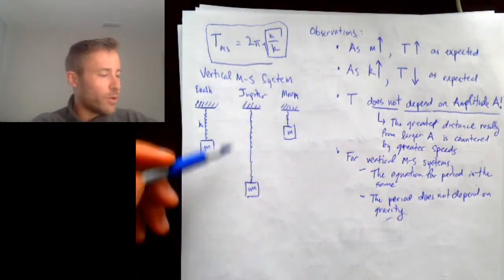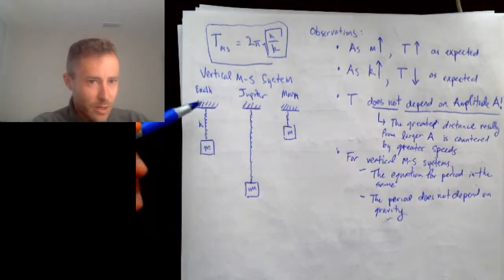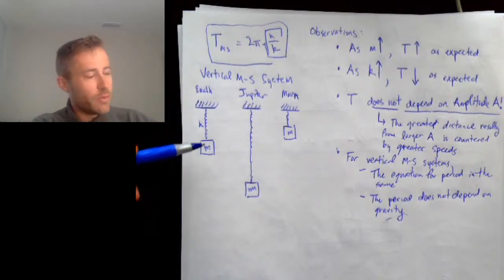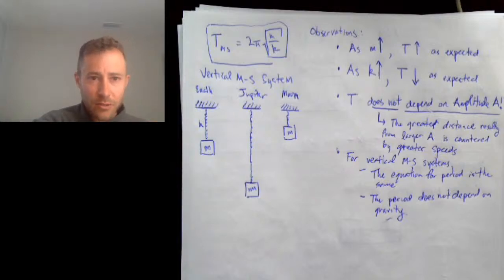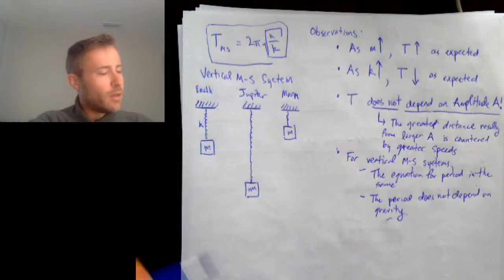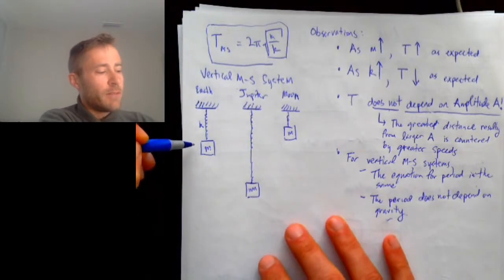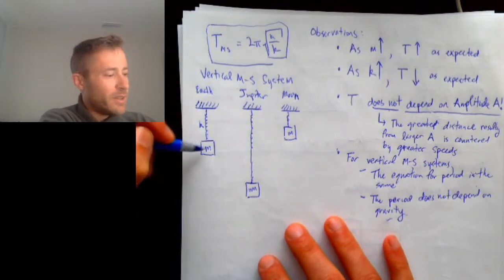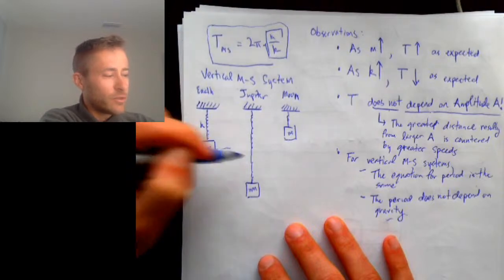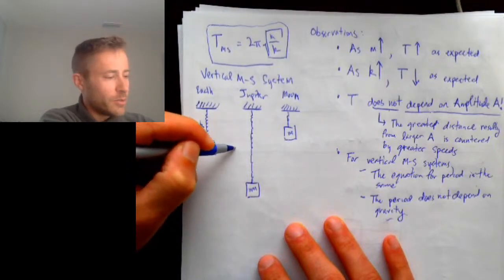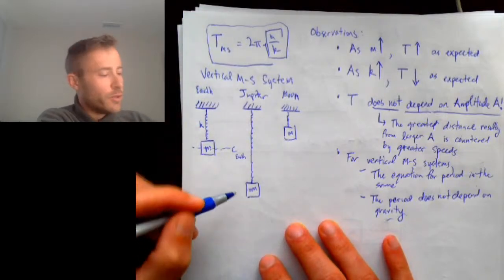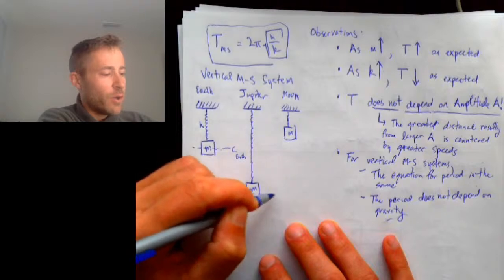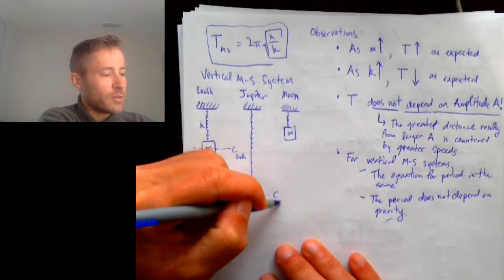So if you take a vertical mass spring system, it's going to have the same period on Earth that it has on Jupiter, that it has on the moon, that it has on any other astronomical body. The difference is that depending on the gravity, the equilibrium position changes. So here we have an equilibrium position for Earth that's right here. But the stronger the gravity is, the lower the equilibrium position is going to be.